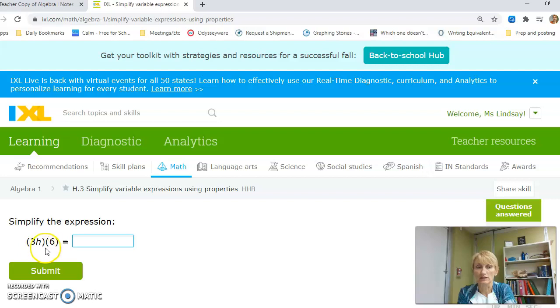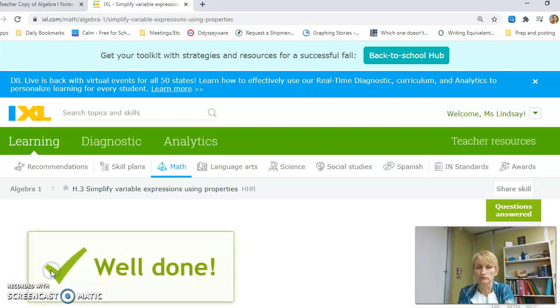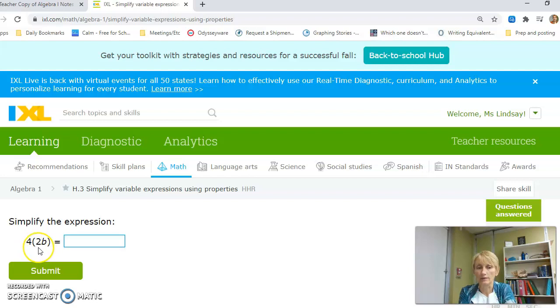So this just means I'm going to do 3 times 6, and then it's still H. 4 times the 2, and then the B. 2 times 3 is 6, and it's still times F.